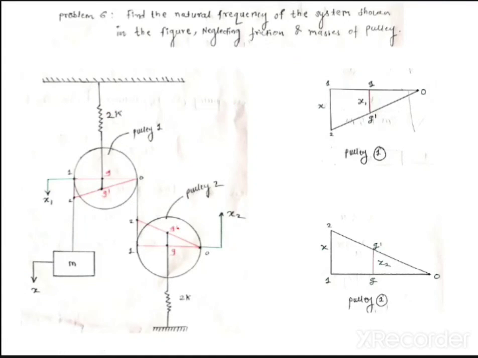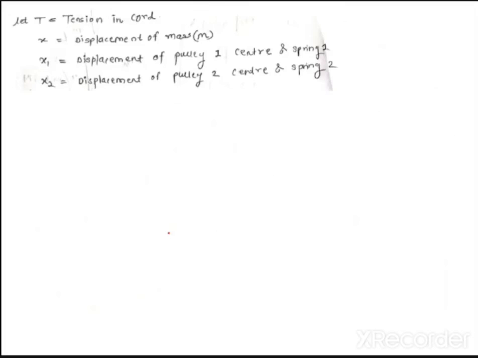Now the FBD for pulley 2. How will you draw the FBD for pulley 2? Anybody?